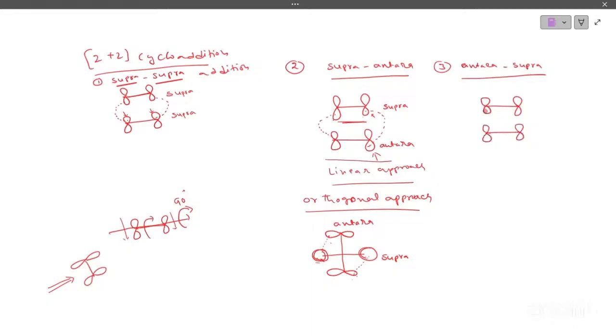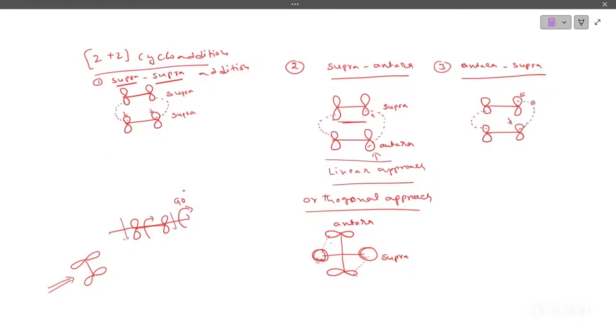You keep one interaction as standard for uniform results. The second interaction, with respect to the first pi system, is antara. Therefore, opposite lobes may be interacting, so this lobe is involved in the interaction. With respect to the second pi system it is supra. Already this lobe is involved in the interaction, and the second lobe to be interacted with is this lobe. Therefore, the interactions are like this.